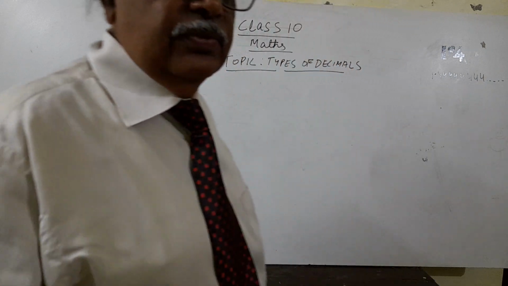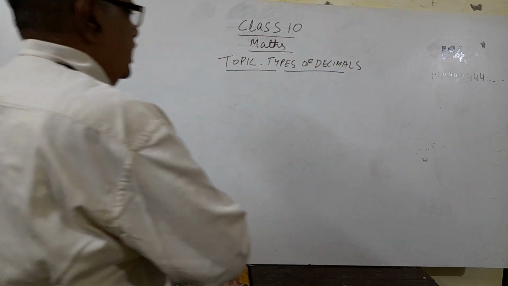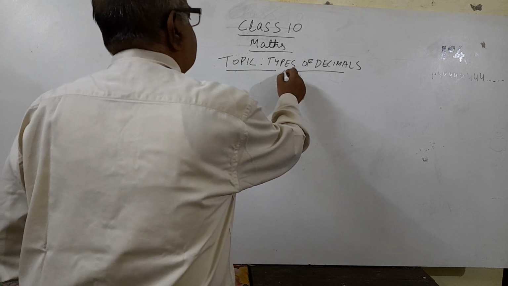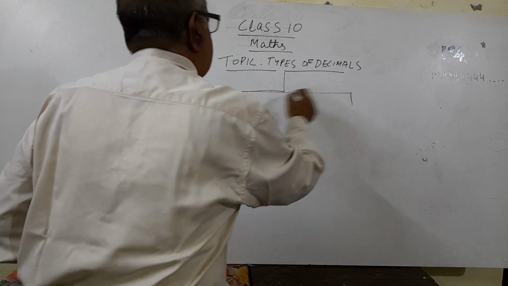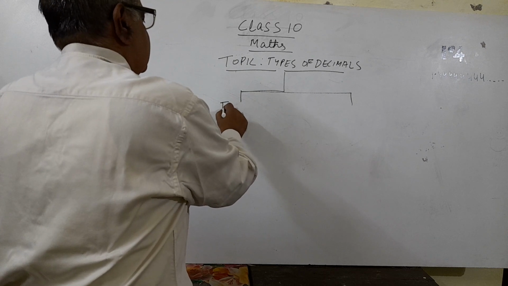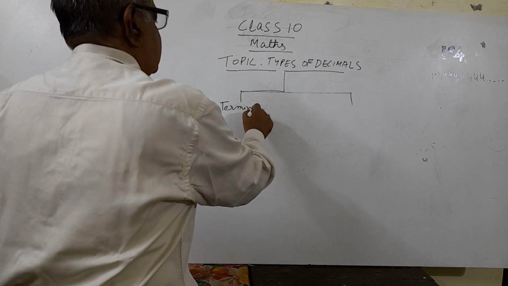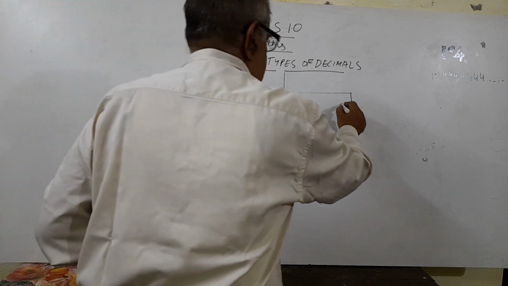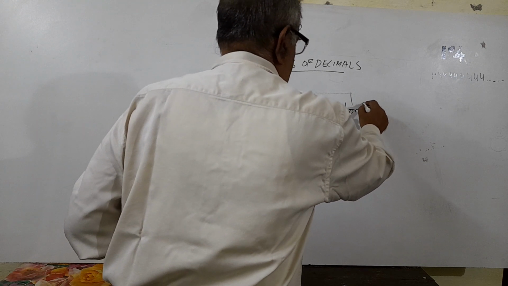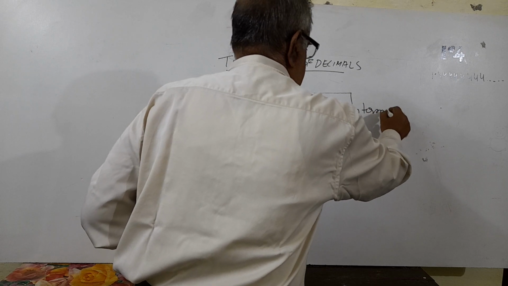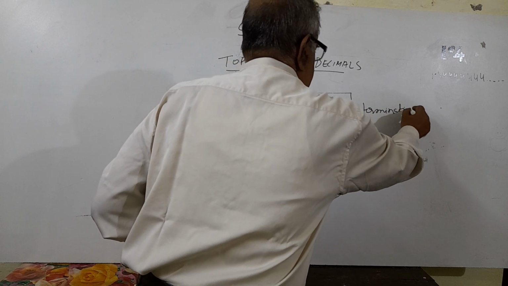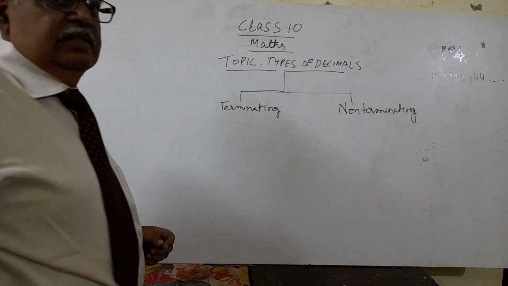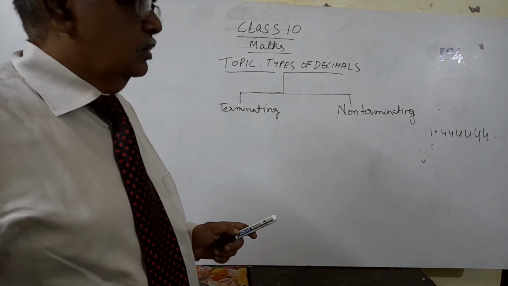So basically, decimals are of two types: they are either terminating or non-terminating. Firstly, this is the difference.